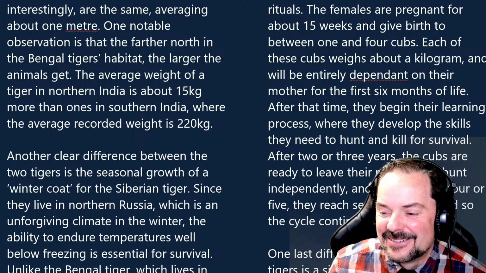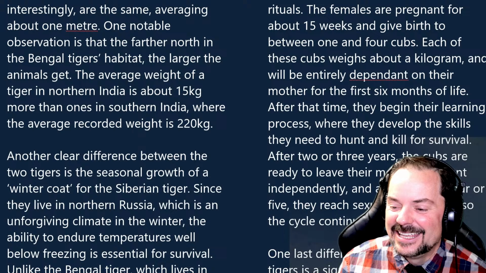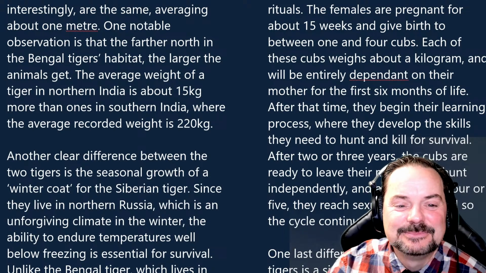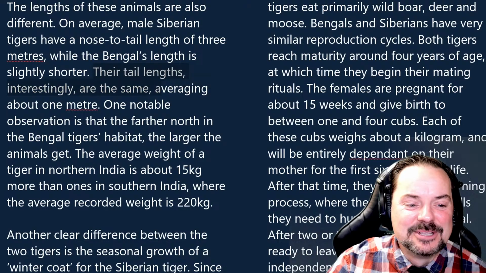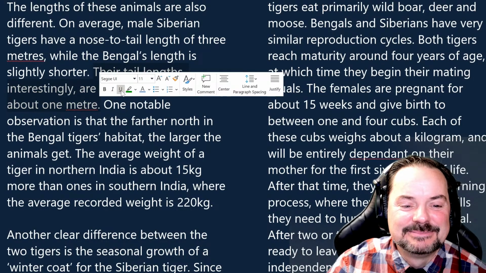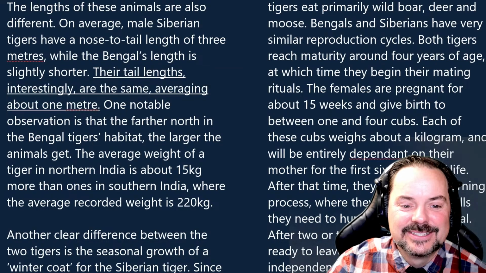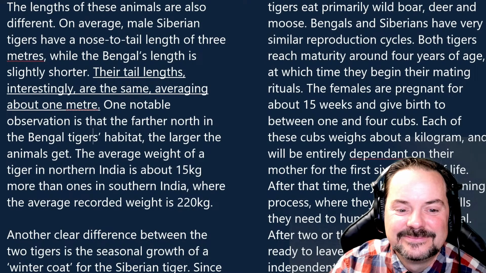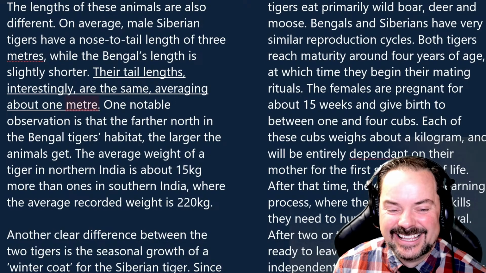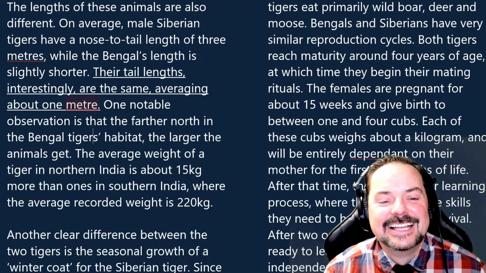Some of the other students have it right, though. Anahita has it right. Single and Savvy has it right. Yeah, it was a trick question. It's right here. Read this sentence one more time for me. The tail lengths, interestingly, are the same, averaging about 1 meter. Yeah, this is very difficult.